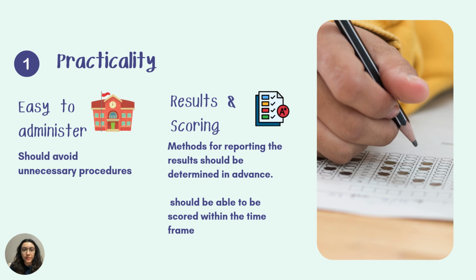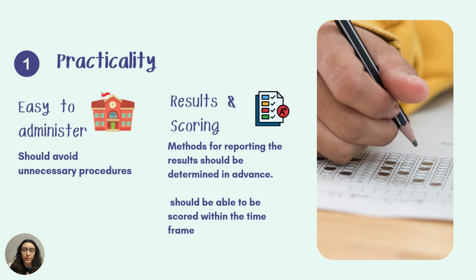Another thing is results and scoring. Of course, the way you will be evaluating the exams and scoring them should be set before you even distribute the exam to your students. And also for your students to be able to check their results, there should be a set system.